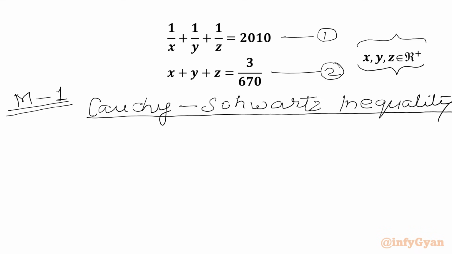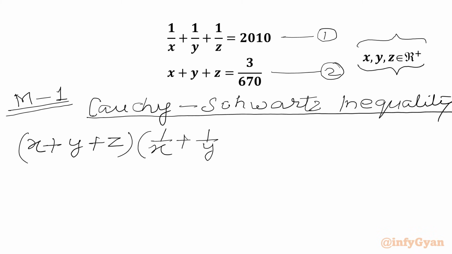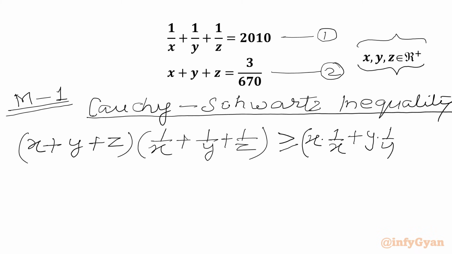So we will multiply these two brackets: x plus y plus z will multiply with 1 over x plus 1 over y plus 1 over z. This product must be greater than or equal to x times 1 over x plus y times 1 over y plus z times 1 over z, whole square.